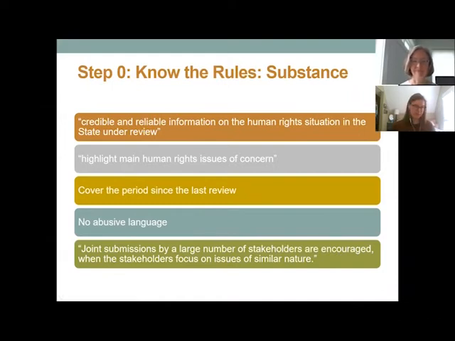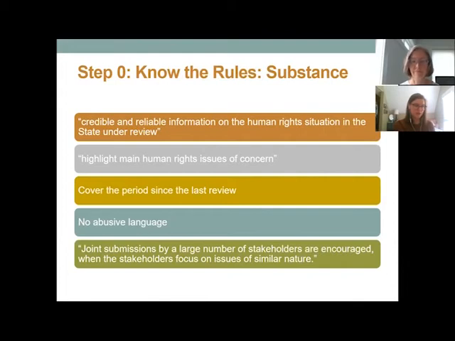So more on the substance, a few more highlights from the technical guidelines to pay attention to. First, you should include only credible and reliable information on the human rights situation in the state under review, which basically means you'll need to ensure you're using either firsthand information on the ground with permission or credible secondary sources. You should also highlight main human rights issues of concern, so stick to what you know rather than including a broad range of issues.